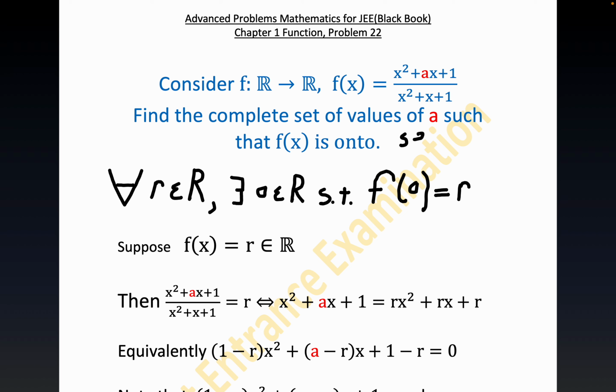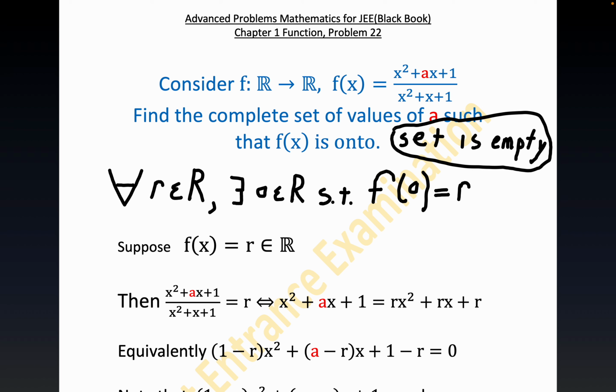The set of values is empty. In other words, it's impossible. The set is empty, folks, and that would be the answer to this question. In plain English, it's impossible.